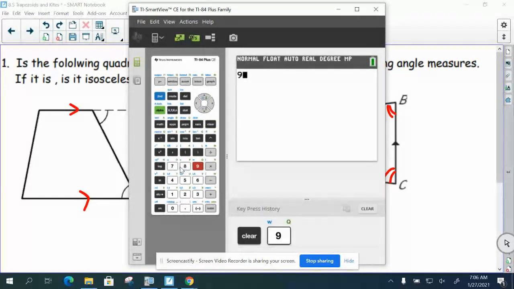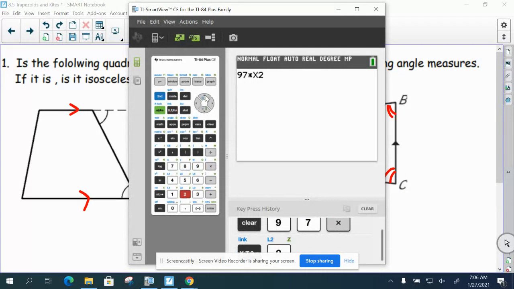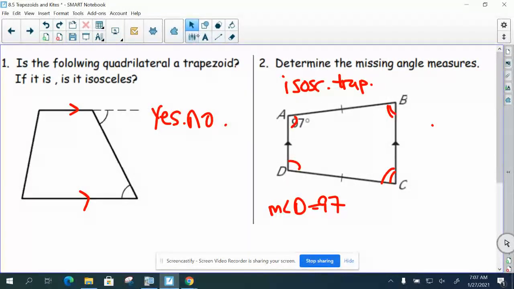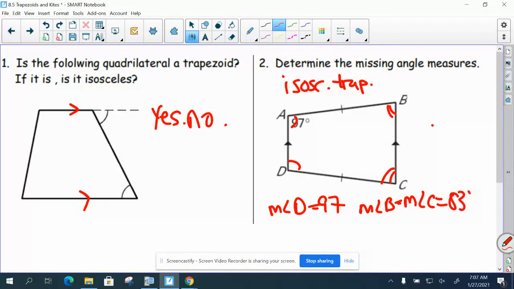So 97 times 2 is 194, and then 360 minus 194 gives us 166, divided by 2, and that means each base angle for B and C would be 83. I'm going to say the measure of angle B equals the measure of angle C, which is 83 degrees.